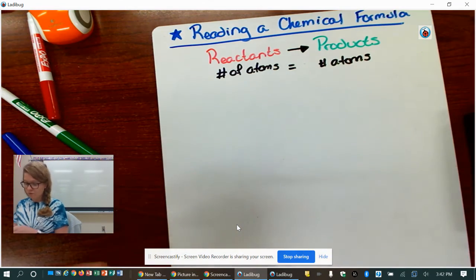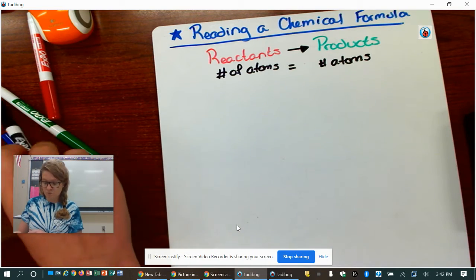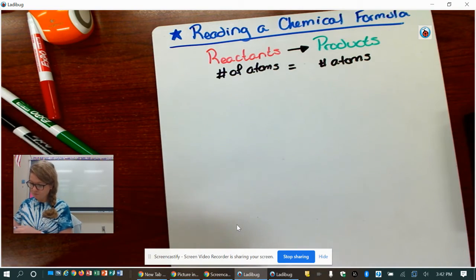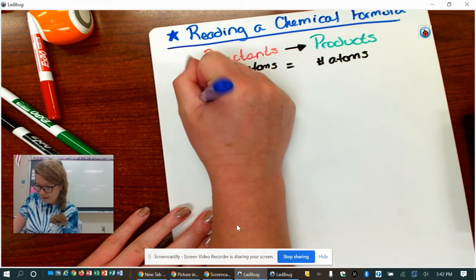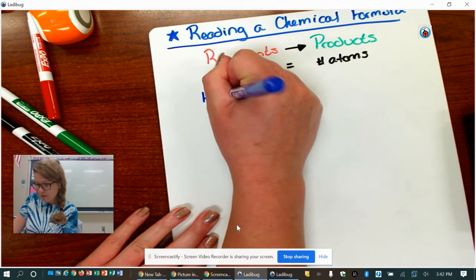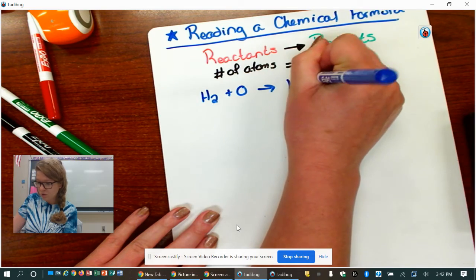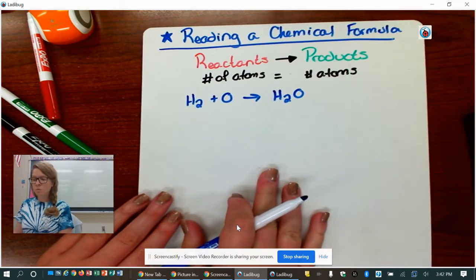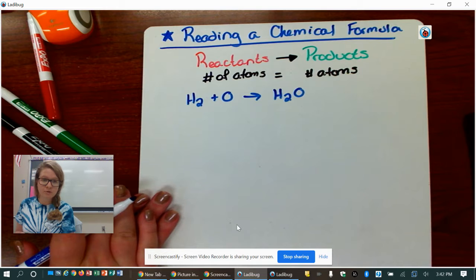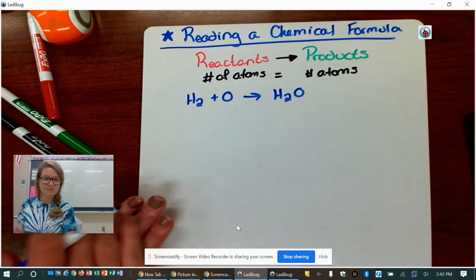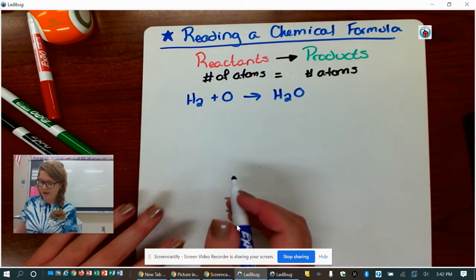Okay? So, for example, that first one that we had was super easy, right? H2 plus O yields H2O. How you want to go about making sure a chemical reaction is balanced is by writing out everything you have.